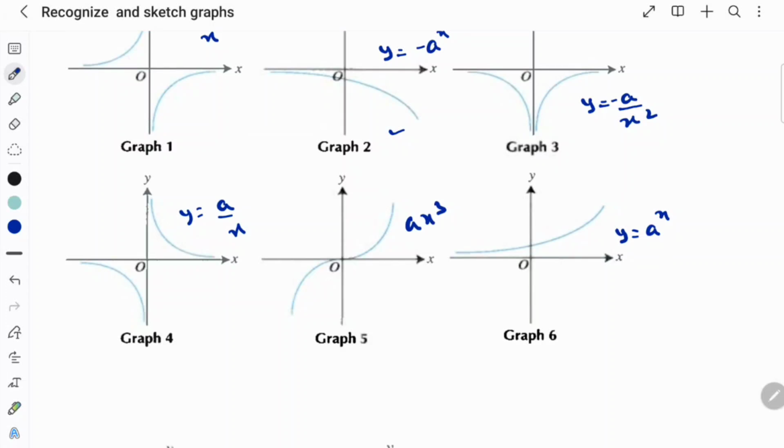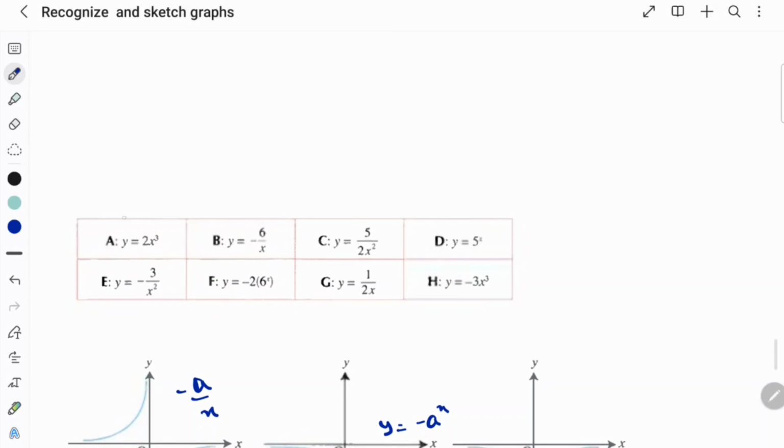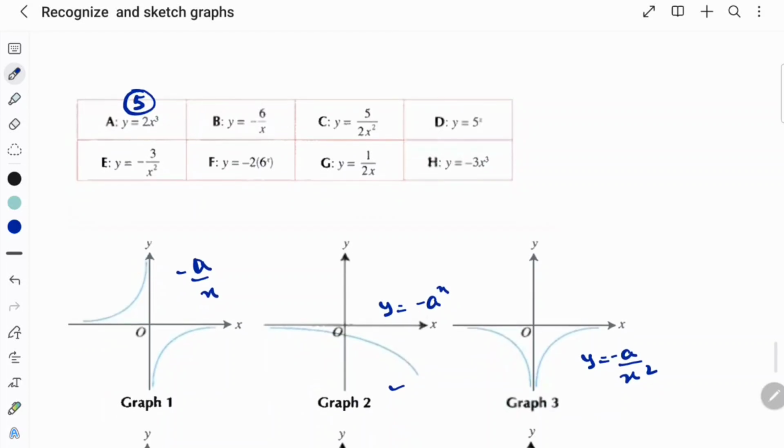Whenever you look at graph 5, that is y is equal to 2x cube. Next, minus 6 over x: reciprocal, negative, no square, means this will go with this one.